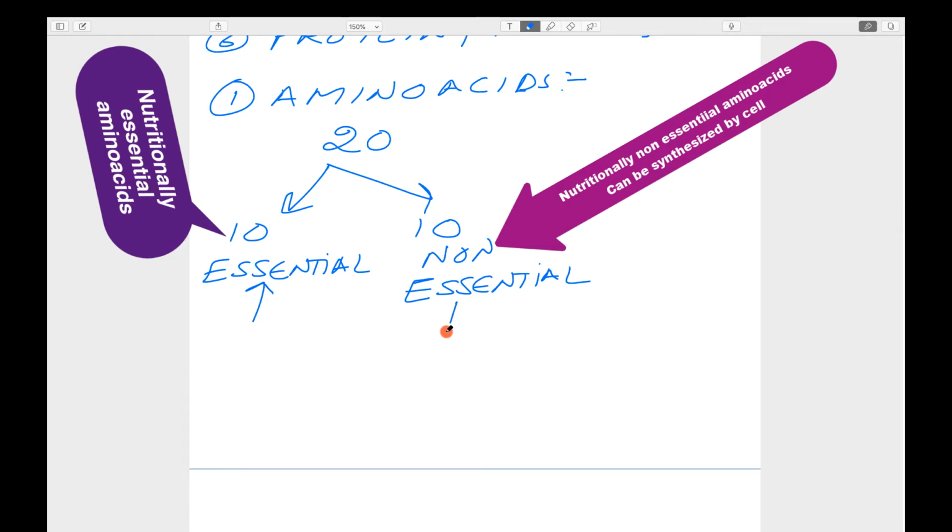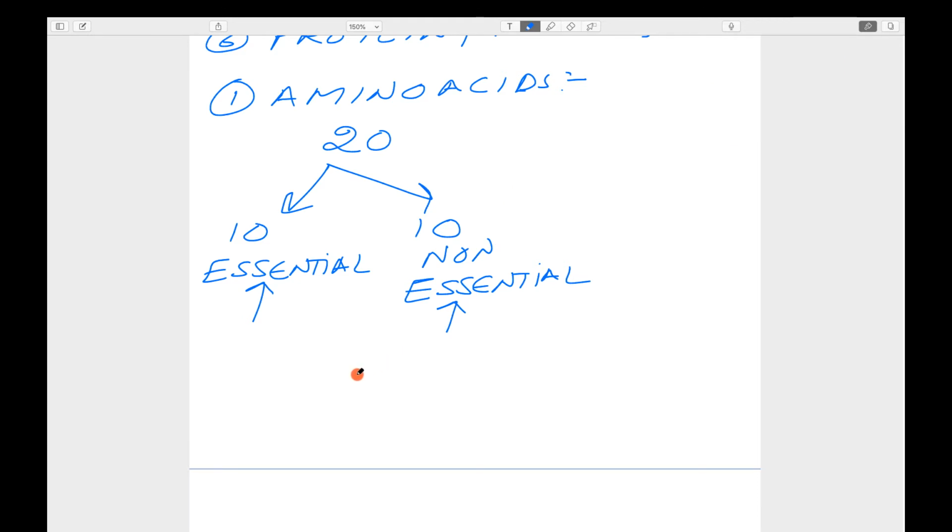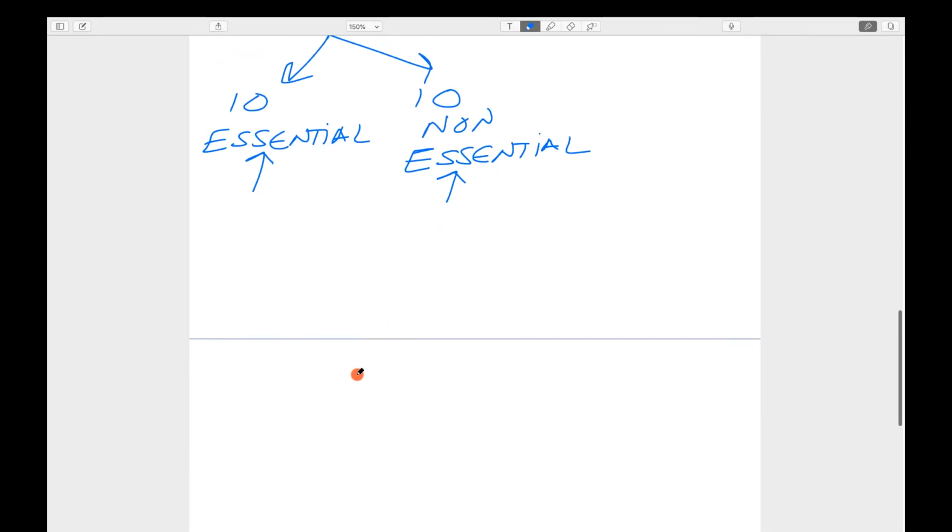Those where dietary supply is not required are called nutritionally non-essential amino acids, which means they can be synthesized in our body. When protein synthesis is taking place, all the 20 amino acids are required at the site of protein synthesis. There is no exception.